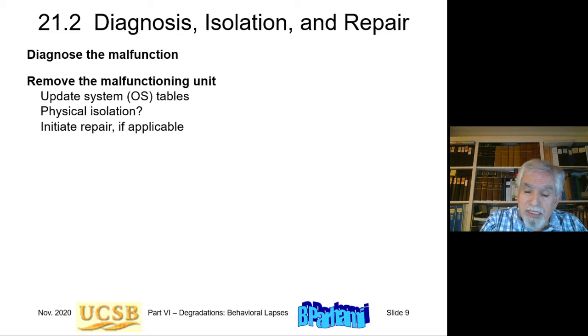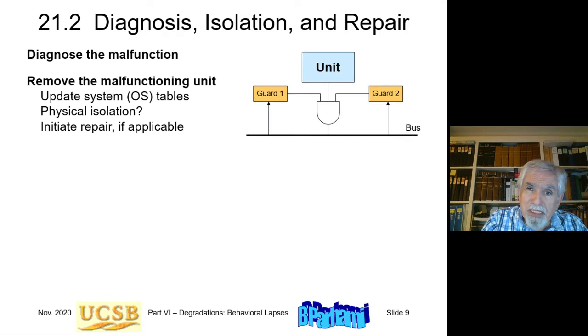Then you have to physically isolate the malfunctioning unit. So for example, we saw the concept of bus guardian. The unit is connected to the bus. These two guardians, the orange boxes, must give permission in order for the unit to put something on the bus.